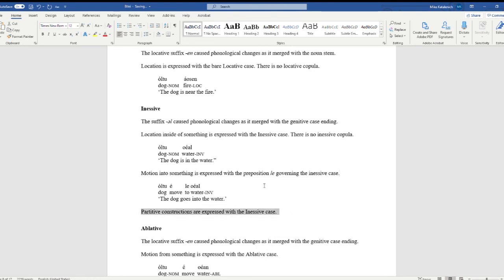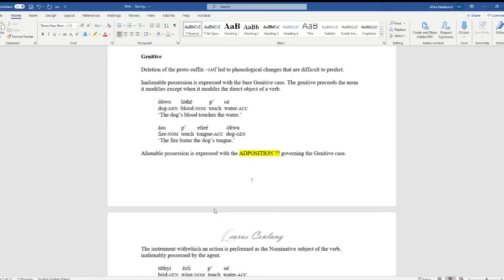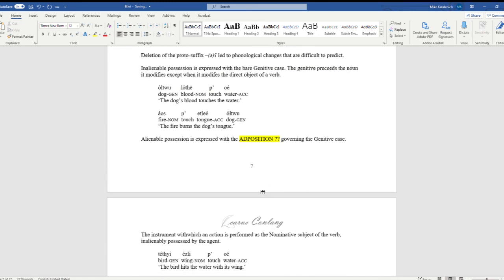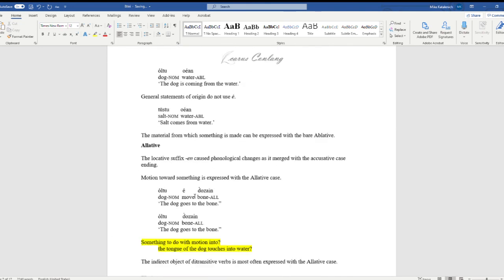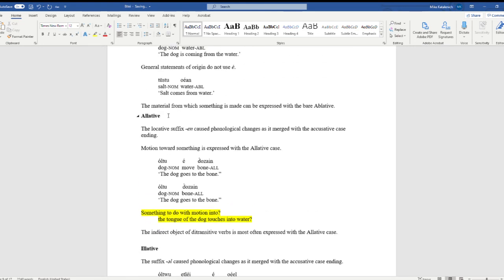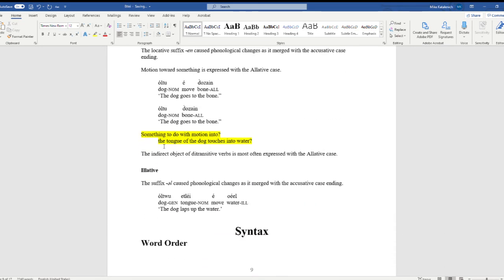I need to highlight that as something I need to work on still. I need an apposition for that. So we did instrumental, and we did our illative construction and an illative case. But I don't love this example. Now I'm wondering if I even want the illative case.